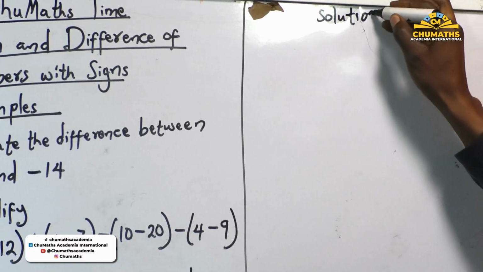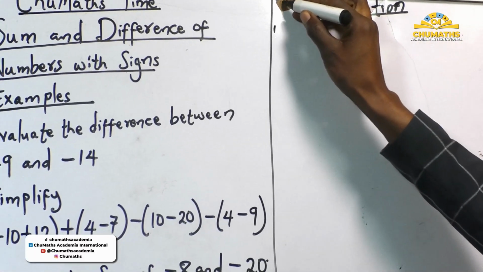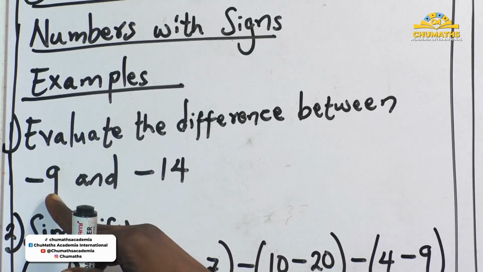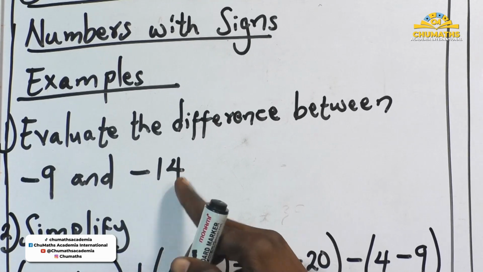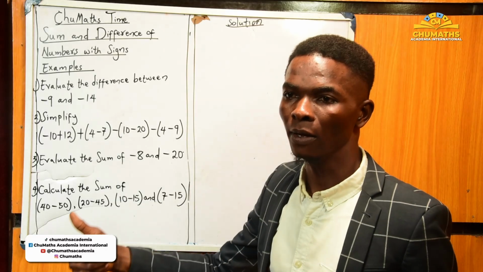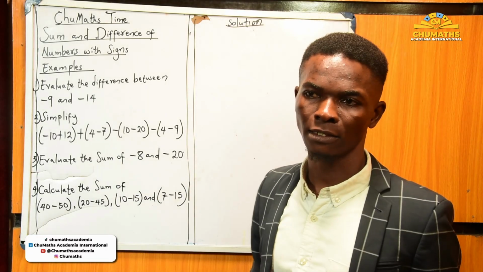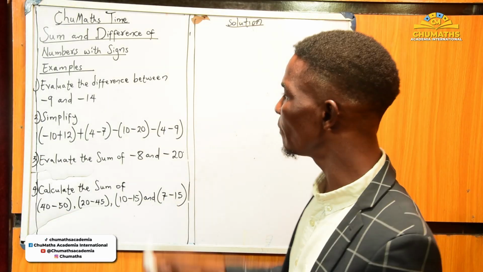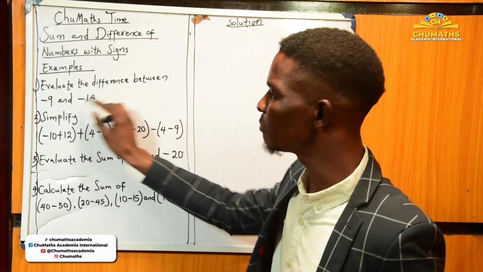Let's look at the questions one after the other. Number one question says, evaluate the difference between minus 9 and minus 14. That means we should get an answer by using minus, because difference is the answer you get after subtraction.